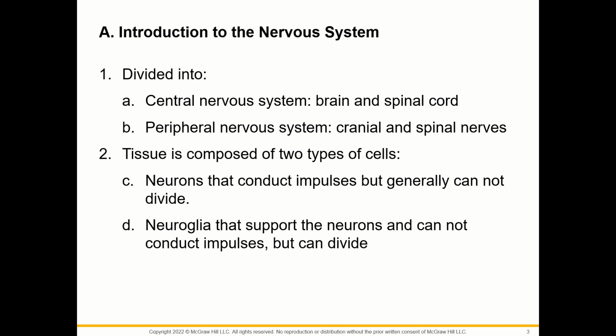I like to think that everything is connected, even though we have two divisions. It's kind of like the axial and appendicular divisions of the body. The axial would be the central nervous system in a way, because that would be the head, neck, and trunk. And then the appendicular would be the peripheral, because that extends out into your appendages, your upper and lower limbs.